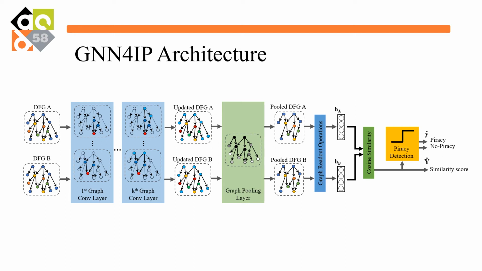So now we have a vector representation for each circuit. We compare them using the cosine similarity, and we can assign a similarity metric between -1 and +1 to show how similar the designs are. We also pass it through a threshold block which decides if piracy has happened or not.